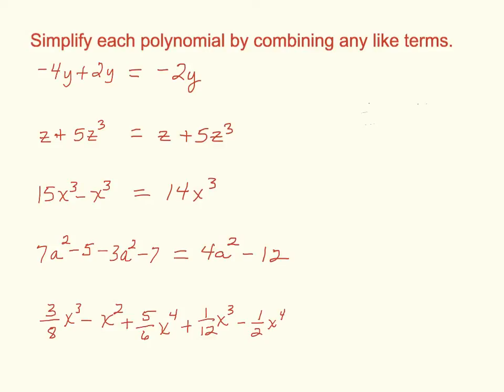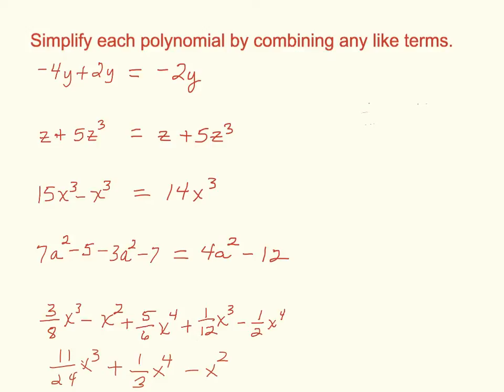Okay, when you combine these fractions, you end up with 11 over 24 x to the third, and you end up with 1/3 x to the fourth and minus x squared. Okay, check my arithmetic. I think when you add 3/8 and 1/12, you get 11 over 24.